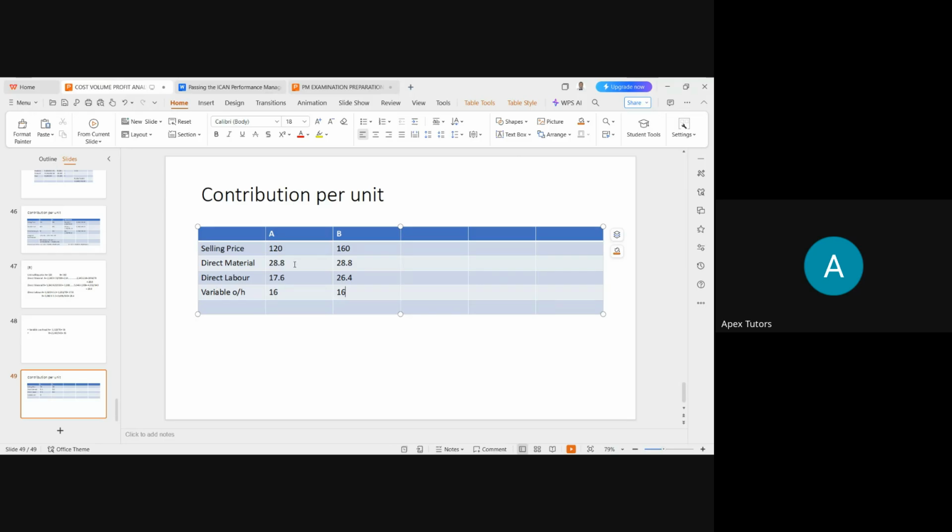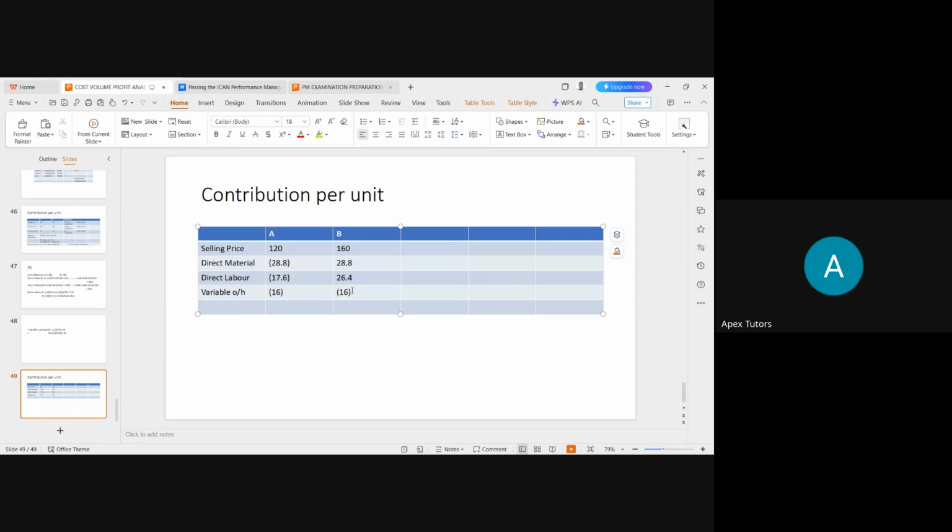So you have to subtract everything. 120 minus 28.8 minus 17.6 minus 16. The result will be what? 57.6.